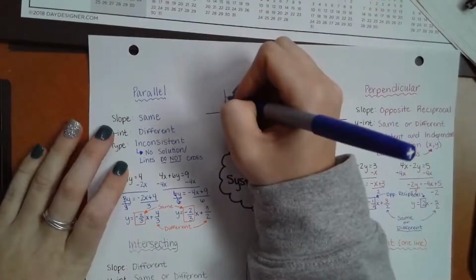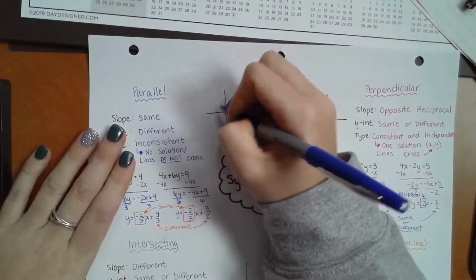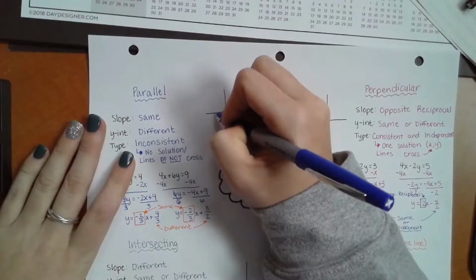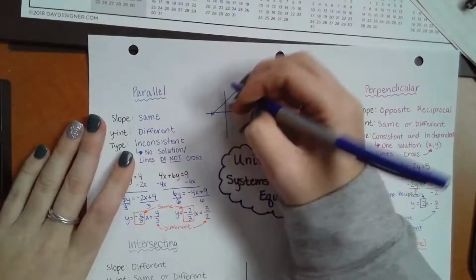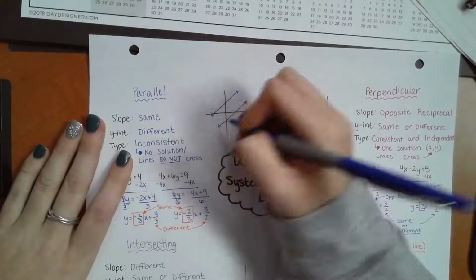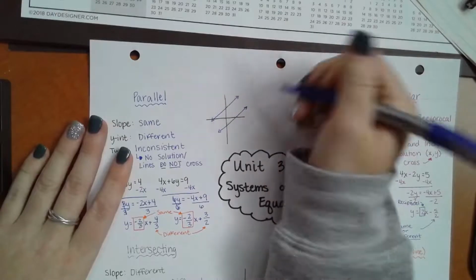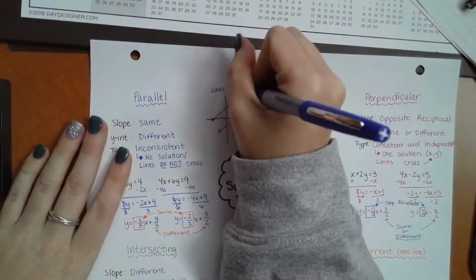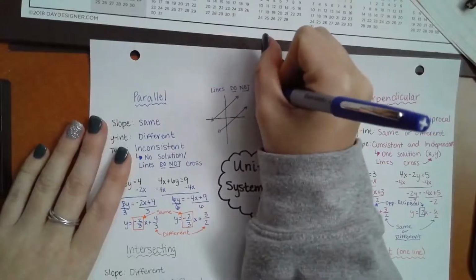So you're going to cross your y-axis at 2 different spots, but your slope would be the same. So it's going to look something like this, where even though you've got your arrows saying that your lines are going to go on forever, your lines do not cross.